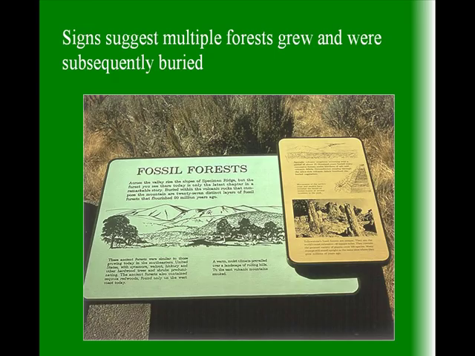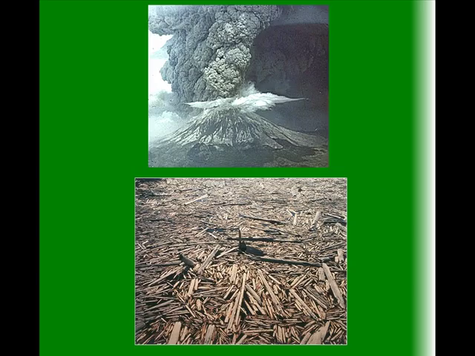Well, here's a sign that I take it suggests that what I just mentioned about the forests, the forest grew up and then was leveled, and then another forest later, and so on. But the eruption at Mount St. Helens, I think, helps to shed light on this sort of thing. When that eruption occurred, it destroyed a large area of forest, and the logs collected on Spirit Lake.